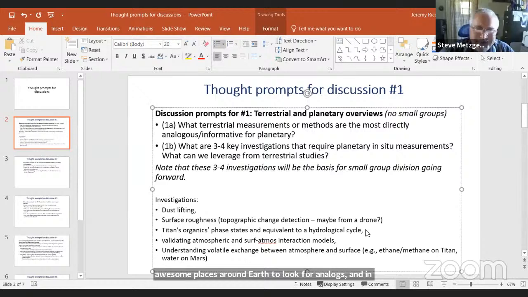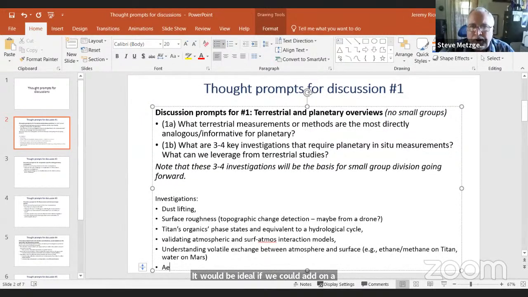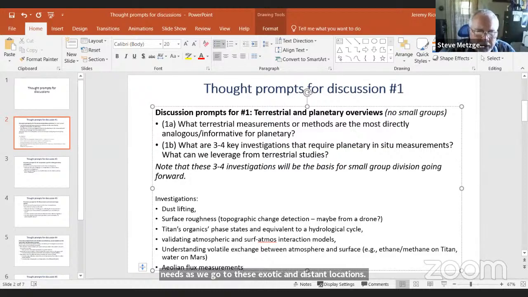It would be ideal if we could add on a few sensors to each of our own projects that could fill other people's needs as we go to these exotic and distant locations. So, just a thought that adding a few sensors, a few extra data channels might produce data that could feed into, I don't know, a pool situation that serves other people. That would be nice.